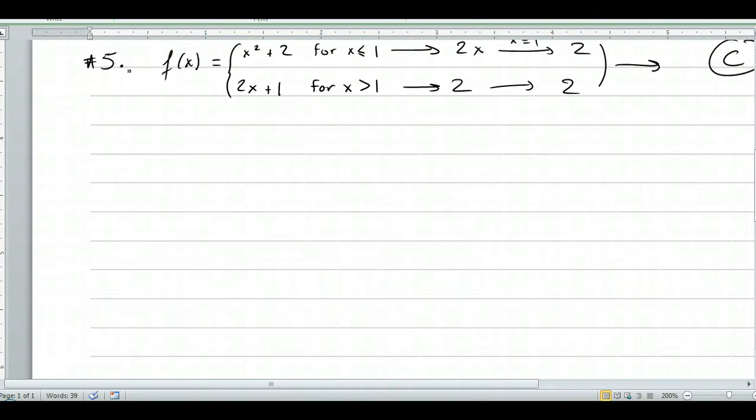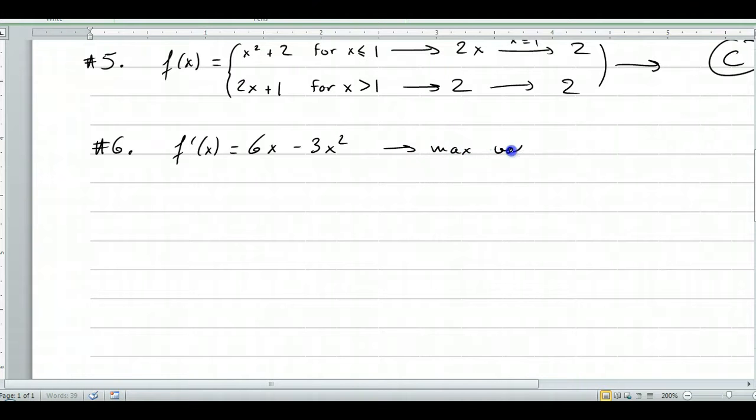Okay, let's move on. Number 6. You have to be careful what they're asking you for number 6. They want the maximum value of the first derivative. So let's get the first derivative. The first derivative is 6x minus 3x squared. And they want the max value of this function.